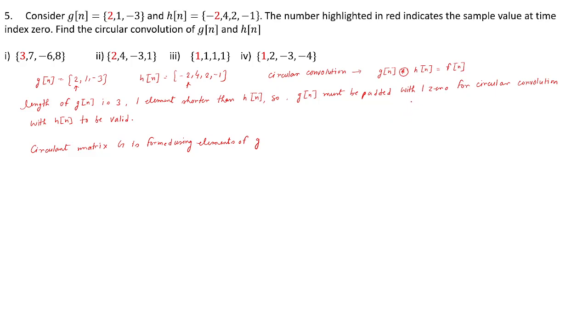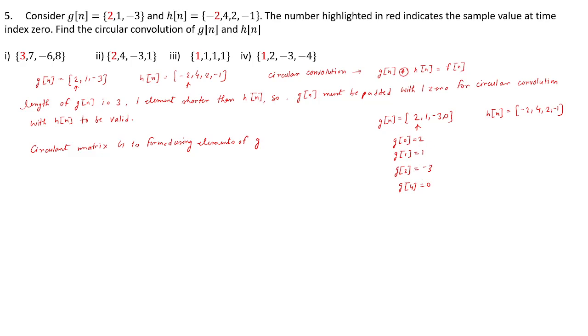By the way, let us write down the modified G after padding with 0. Therefore it becomes 2, 1, minus 3, 0, and hn, let us just repeat it here, minus 2, 4, 2, minus 1. Therefore g of 0 is 2, g of 1 is 1, g of 2 is minus 3, and g of 3 is 0.